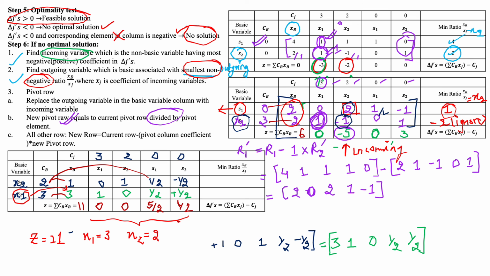Okay, so this is my final solution for the given problem, where the maximum value of the objective function is 11 at the point where x1 is equal to 3 and x2 is equal to 1. Sorry, not 2, it's 1. These are my basic variable values.